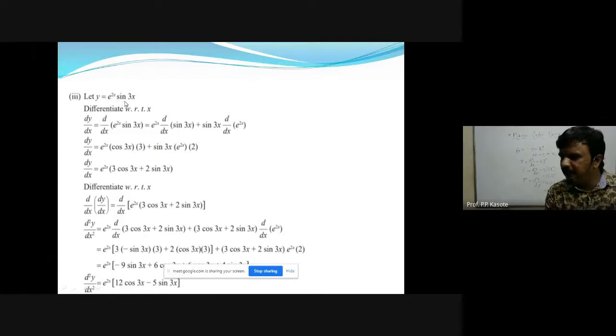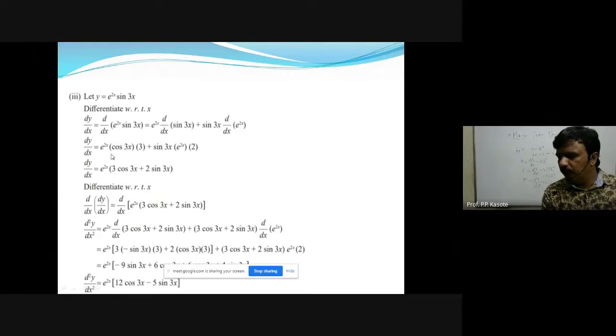So while finding their derivatives, that is the derivative of the first function as well as the derivative of the second function, I'll suggest you be careful, because they are composite functions, made up of two or more functions. Let us use the product rule. dy upon dx, see the second step directly. dy upon dx is equal to e raised to 2x into cos 3x into 3 plus sin 3x into e raised to 2x into 2.